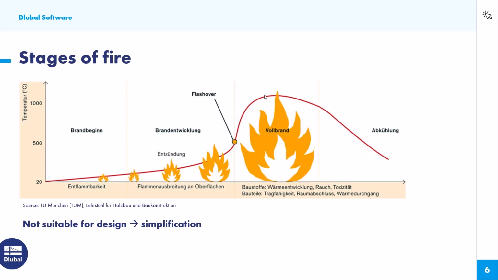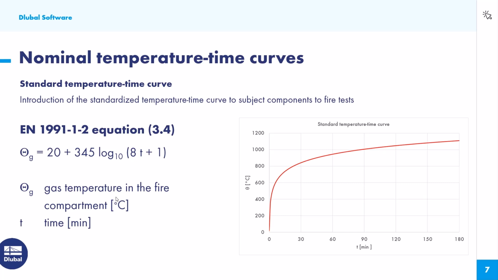And of course, when we think about this red curve here, you can imagine that this is hard to simulate in a structural analysis. That's why we need a simplification. And how this simplification looks like, you will see in the next slide.